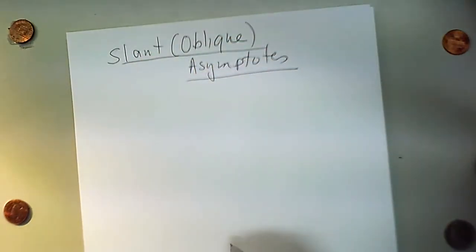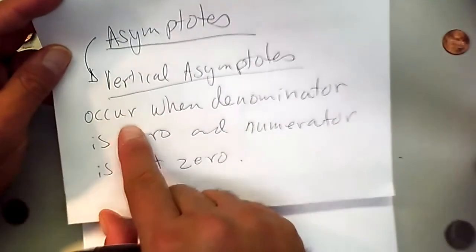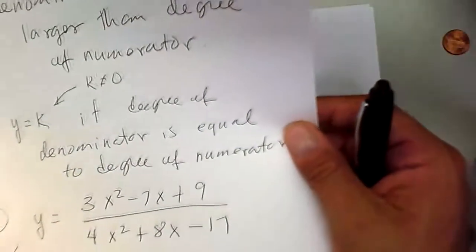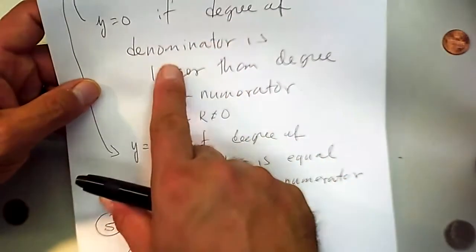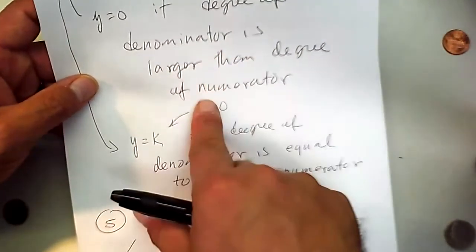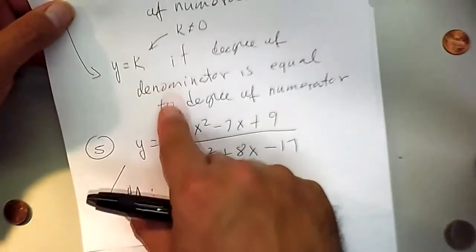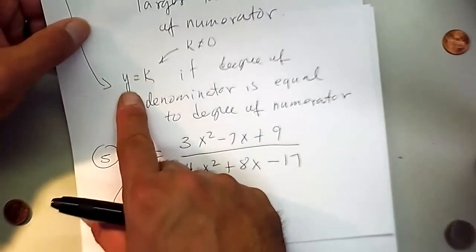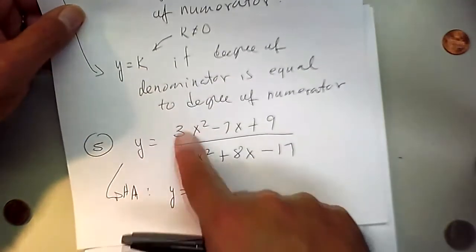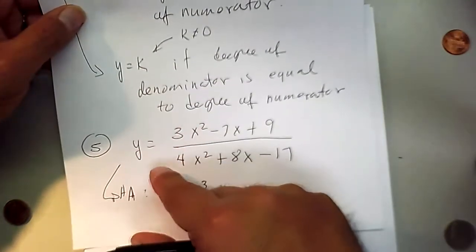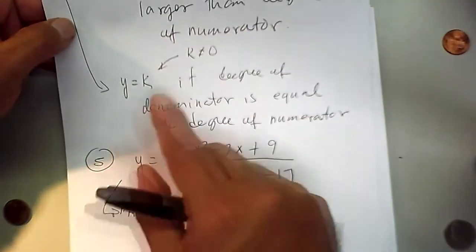Okay. And it shouldn't take us too much to figure out when that happens. We said there are horizontal asymptotes y equals 0 if the degree of the denominator is larger than the degree of the numerator. If the degrees are equal, we also have horizontal asymptotes, but not y equals 0, y equals a constant. And we just went over how the constant is found. But what is the case we're missing?